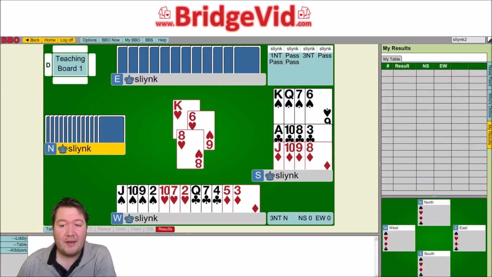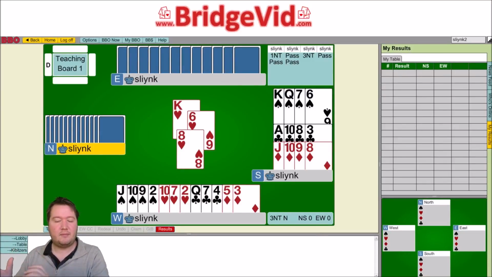The other way of thinking about it is, why is it high then low? If you only had 2 diamonds, for example, you'd play the 5 of diamonds and then the 3 of diamonds. This is the exact same sequence you'd play if you were on lead. So a way of remembering it is, if you were playing natural and leading from a doubleton, you'd play the suit in the same way.